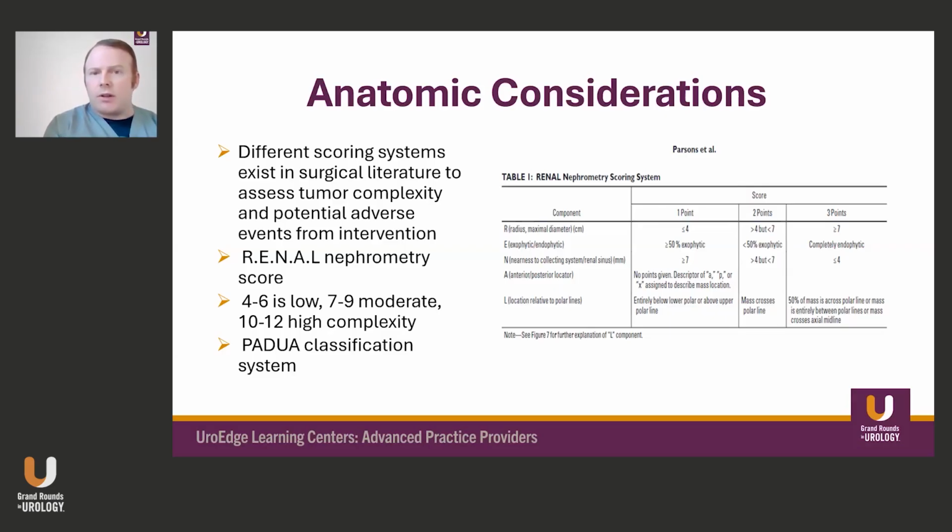So it takes into consideration whether the lesions are exophytic, meaning they're bulging out from the capsule, or endophytic, how close they are to the collecting system or the renal sinus, and whether they're anterior or posterior. All these things are very important when evaluating patients for consideration of cryoablation. There's also another system called Padua that looks at this.